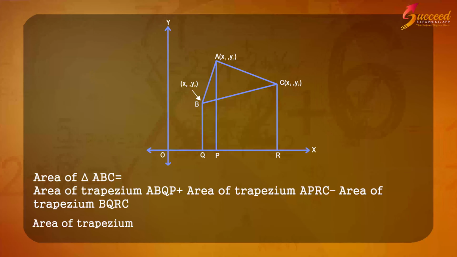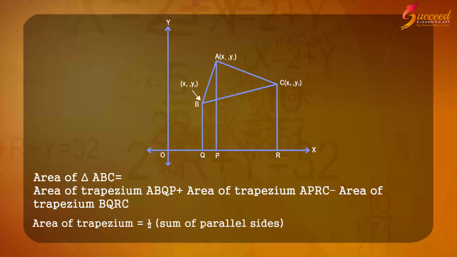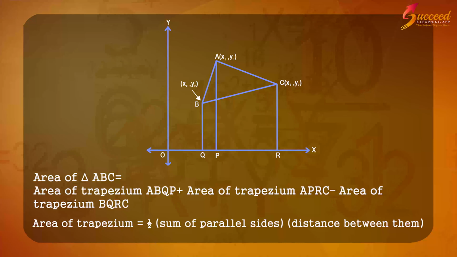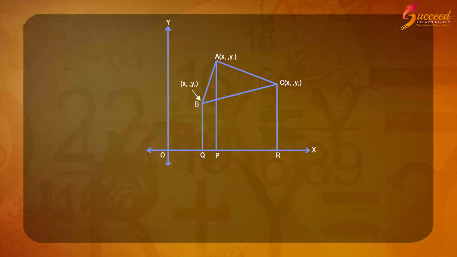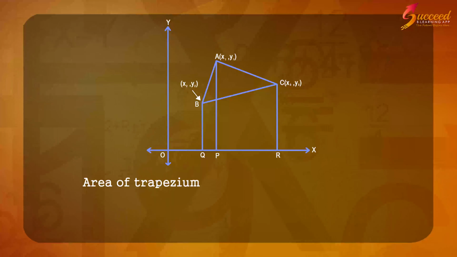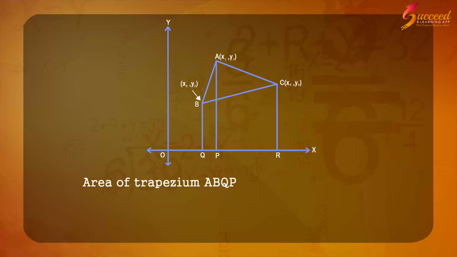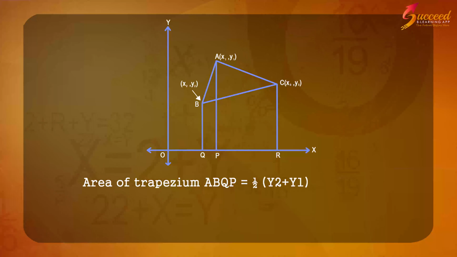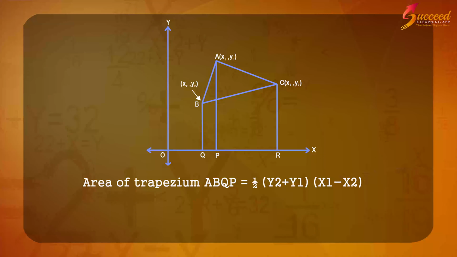Area of a trapezium is equal to 1/2 into sum of parallel sides into the distance between them. By substituting in the formula, area of trapezium ABQP is equal to 1/2 into (y2 plus y1) into (x1 minus x2).